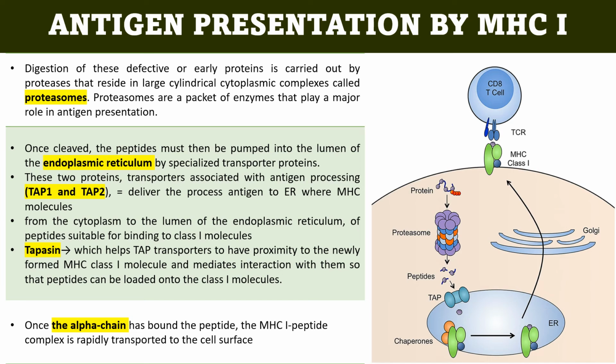Once the alpha chain has bound the peptide, the MHC1 peptide complex is rapidly transported to the cell surface.